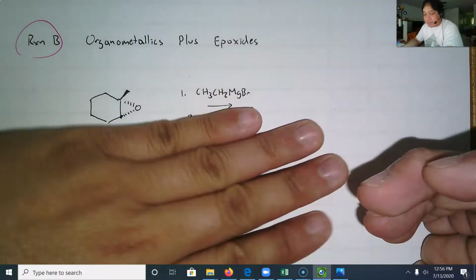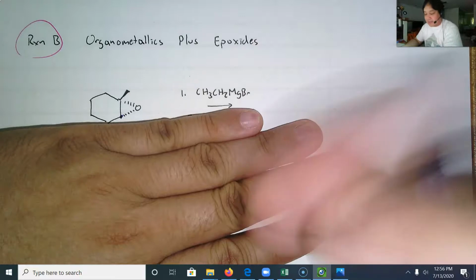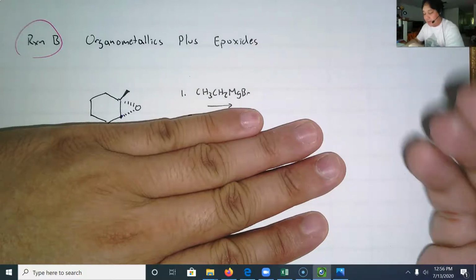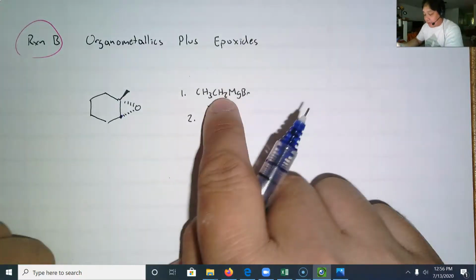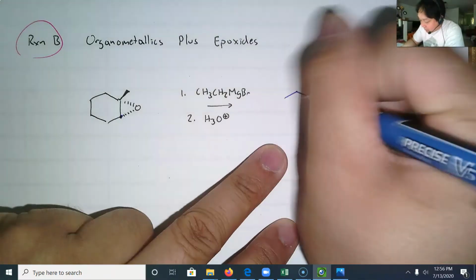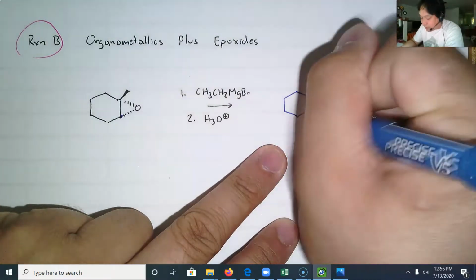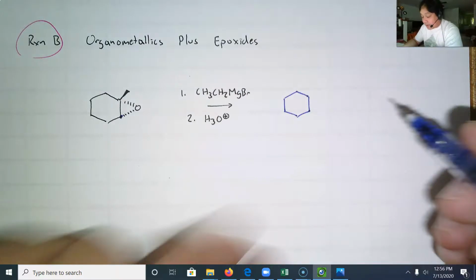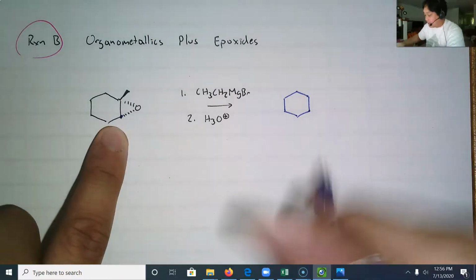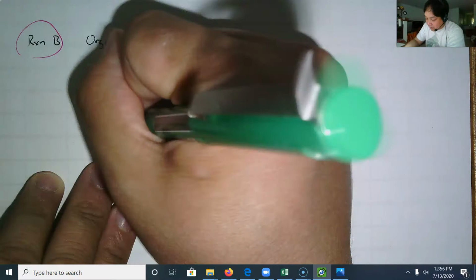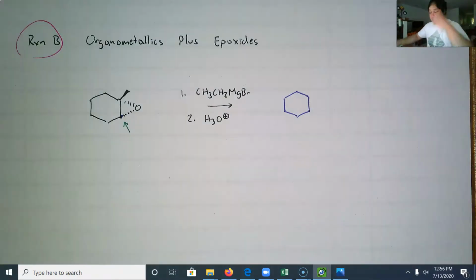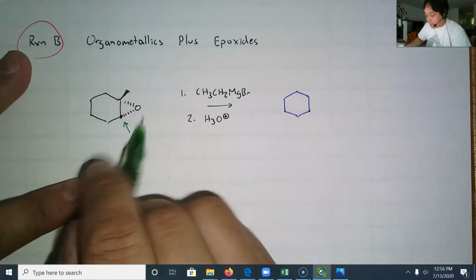Because the attack happens before the acid step is used. You are adding an ethyl group, and do you remember how it attacks? It attacks from the backside. So what is the backside of this dash? Your attack is going to happen there, and your ring is going to open.